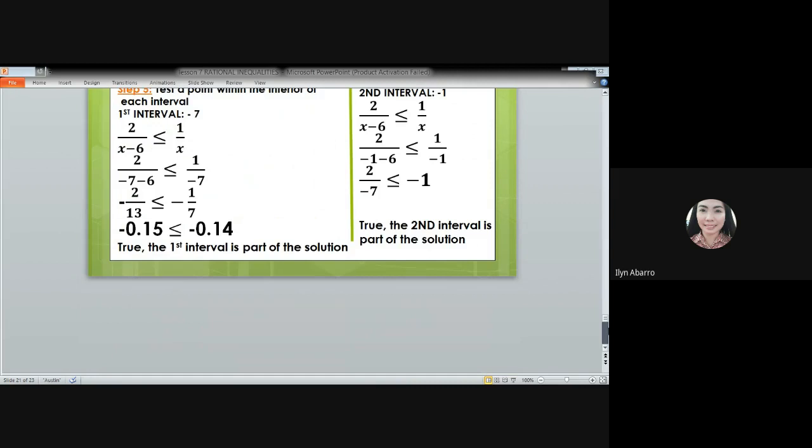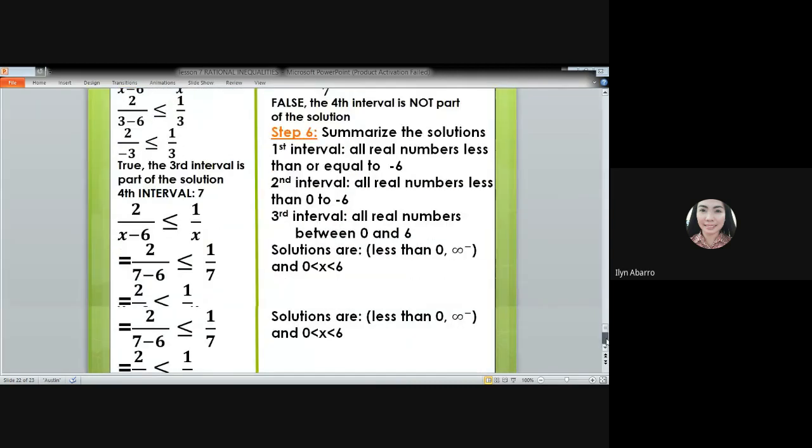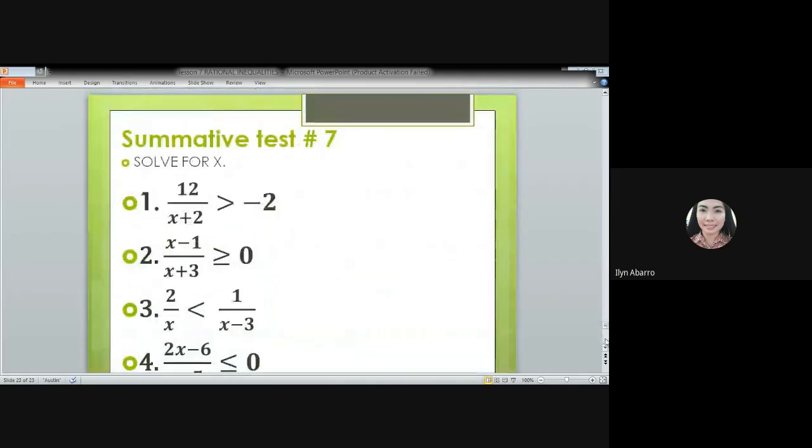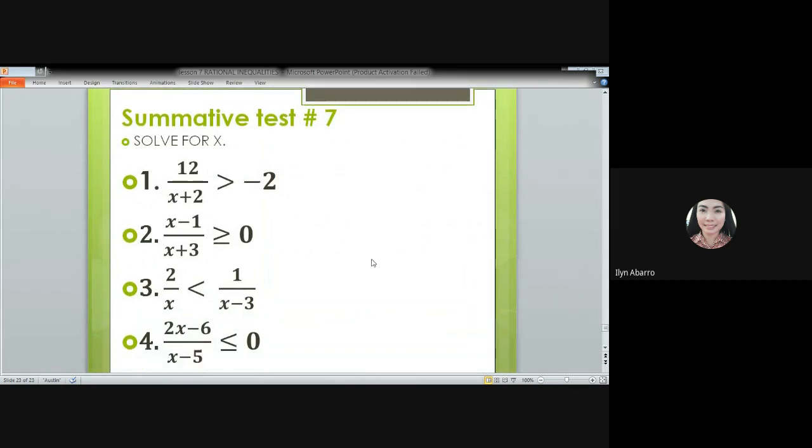Okay? So that's all for today. This is your summative test number 7. You solve for x. Number 1, 12 over x plus 2 is greater than negative 2. Number 2, x minus 1 over x plus 3 is greater than or equal to 0. Number 3, 2 over x is less than 1 over x minus 3.